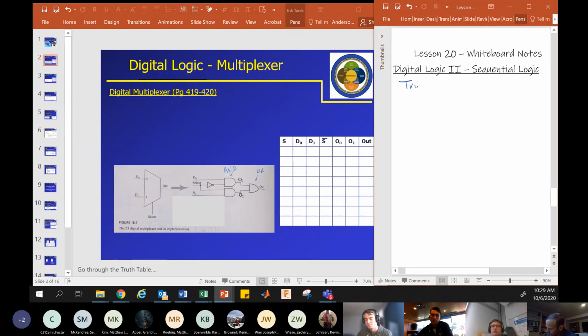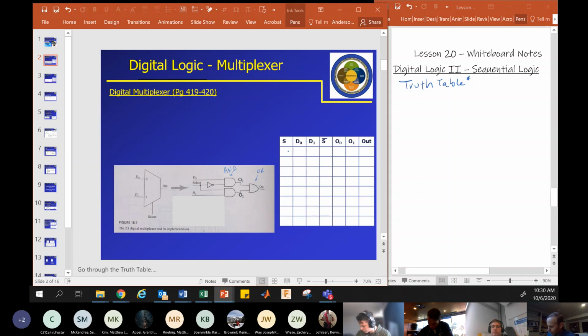So truth table, we want to remember that. The best thing to do is to fill out the truth table. Now, what did I command you when I talked about how we fill out the truth table? There's a certain way I want you to fill out the inputs. To use the binary sequence.